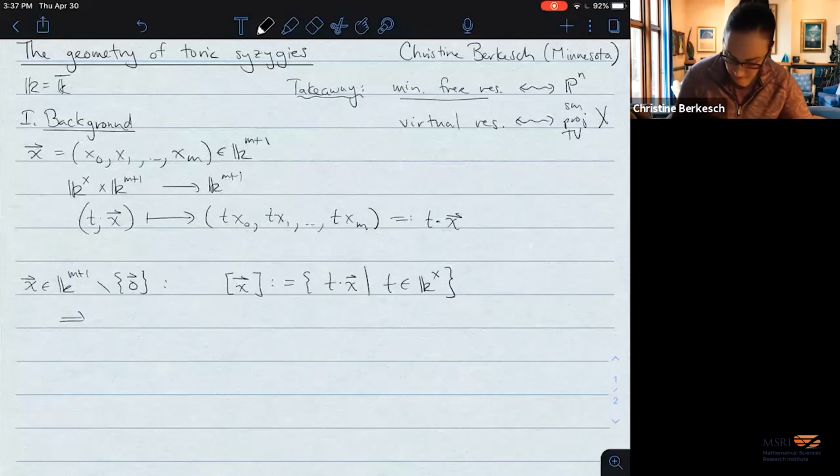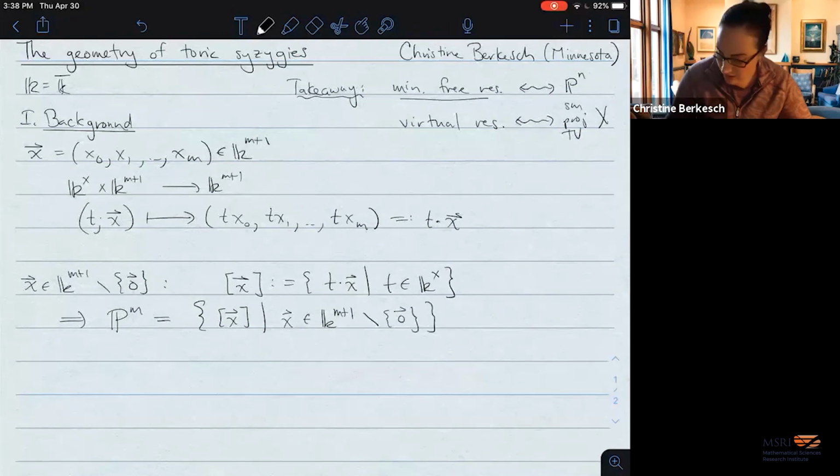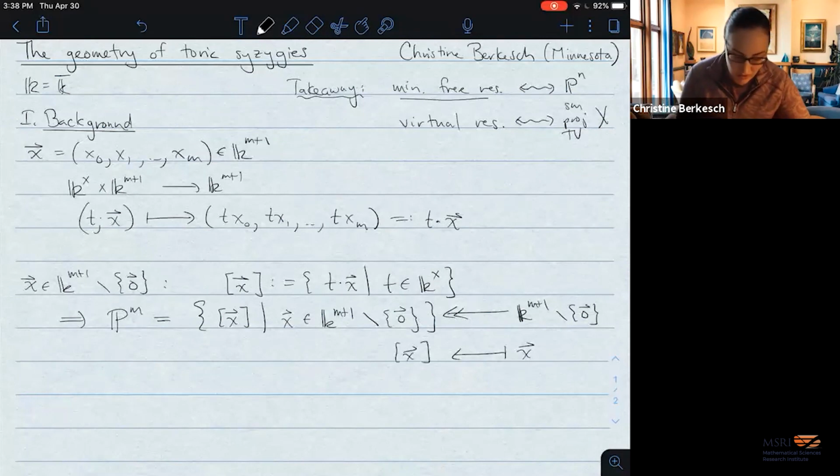And so then we put these together, view these lines as points, and that gives us m-dimensional projective space. And then of course we have our natural surjection, because we got this by taking the quotient.